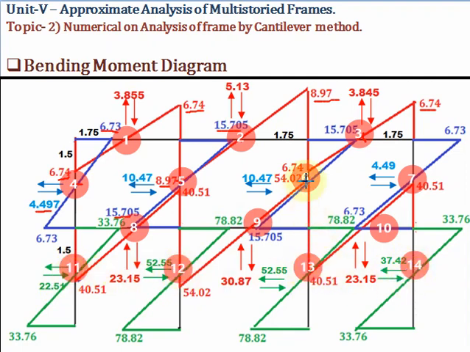Now this is the node number what now? Node number 6. So vertical member, consider horizontal force. So 10.47 into 1.5. So we'll get this value 15.705. Then at node number 7, vertical member, consider horizontal force 4.49 into the distance 1.5. We are getting 6.73.